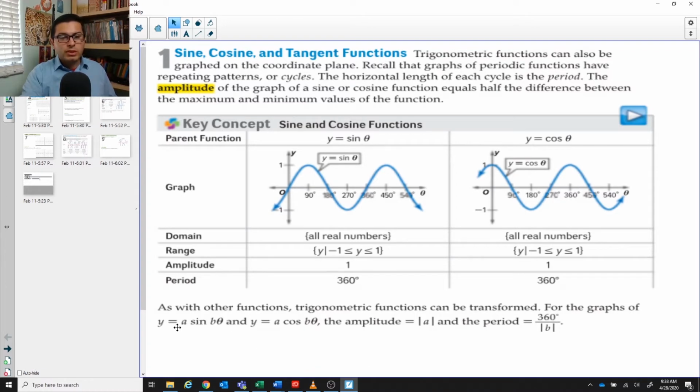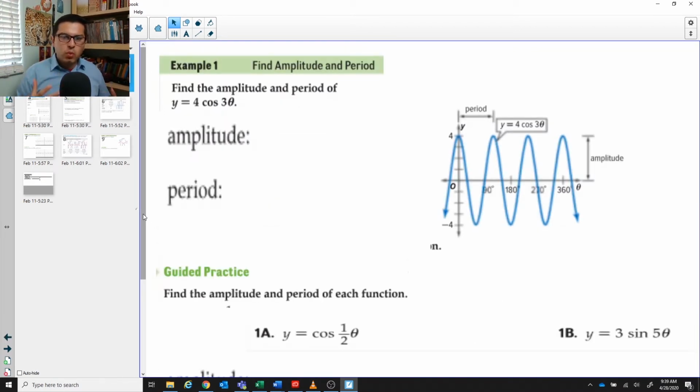Our amplitude is going to be whatever the absolute value of that beginning number is, and our period, if we use our b value here, is just going to be 360 or 2 pi over the absolute value of b. So we're going to be using those a lot to be able to figure out whatever our amplitude and period are. Alright, so we have example 1 here.